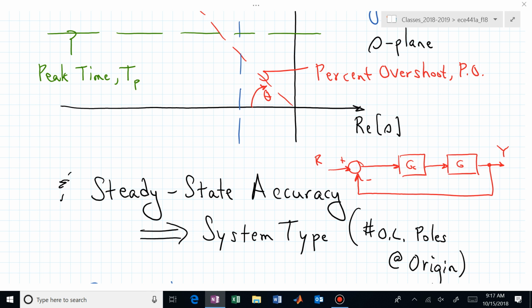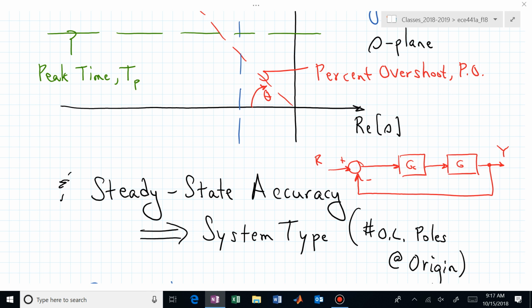So system type is determined by the number of poles you have at the origin in G sub C, G, that combination. That's where we're looking at the number of open loop poles at the origin. Or what does that really correspond to? Pure integrators in that forward path in the time domain.